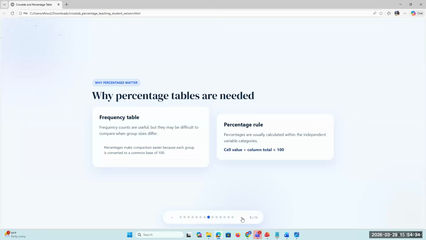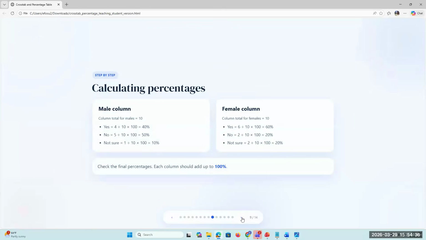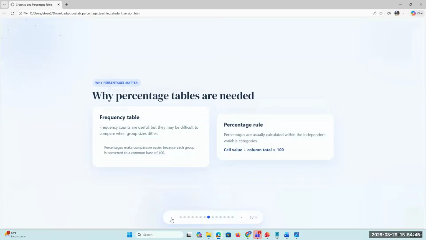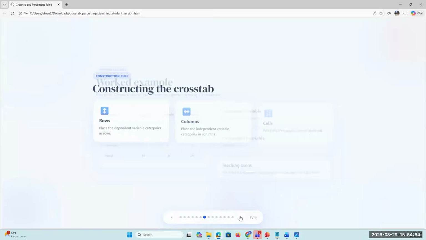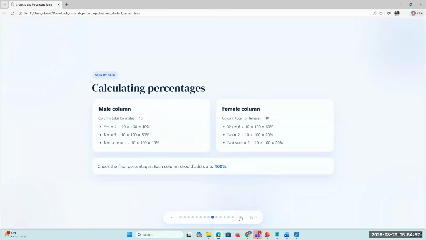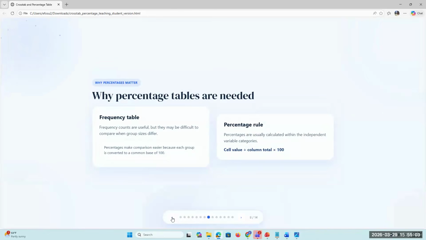Good. So over here, let's go back to this. Your column total over here is supposed to be 10. So it's supposed to be 1 divided by 10, not 3.